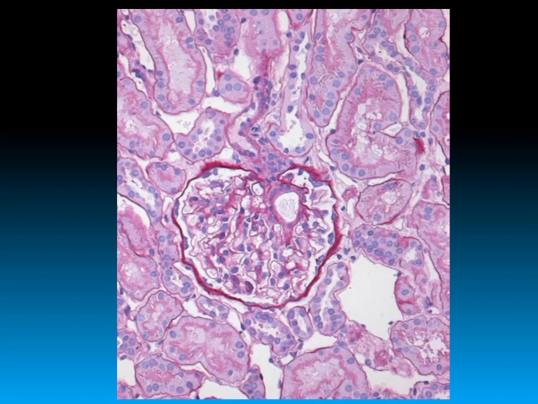From the renal pelvis, secondary urine passes to the ureter, then to the urinary bladder, and after that through the urethra to the environment.